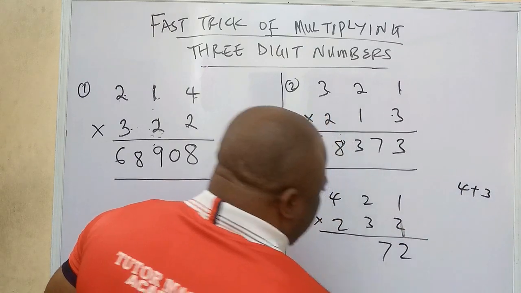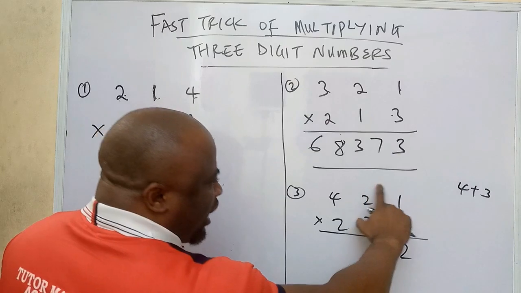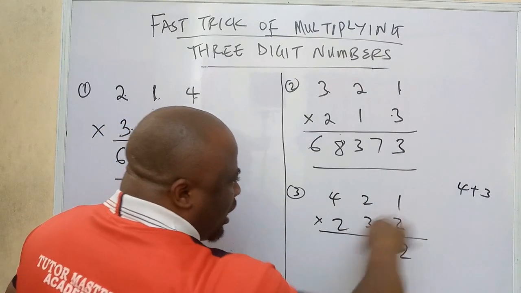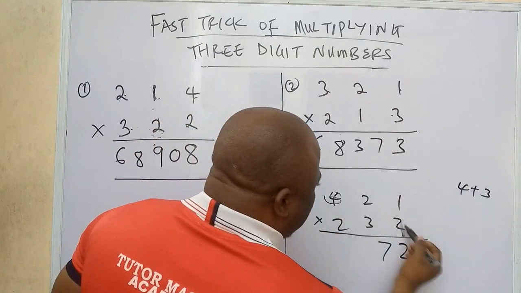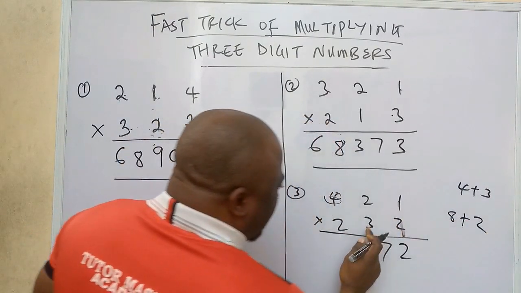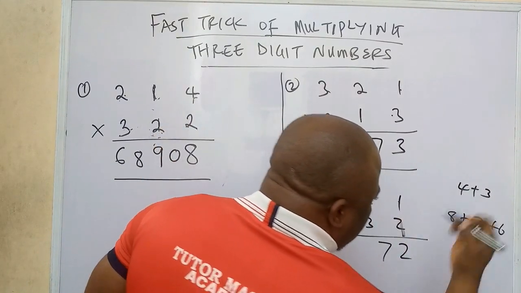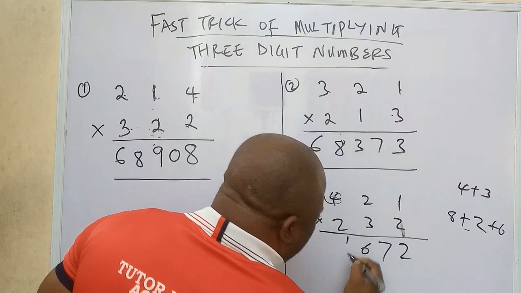You have 7. The next thing you're going to take, you have taken the 2. Then we want to take all the 3 we have here. So you multiply this by this. That is 4 times 2 is 8. 2 times 1 is 2. 3 times 2 is 6. So you have 16, 6, and you have 1.